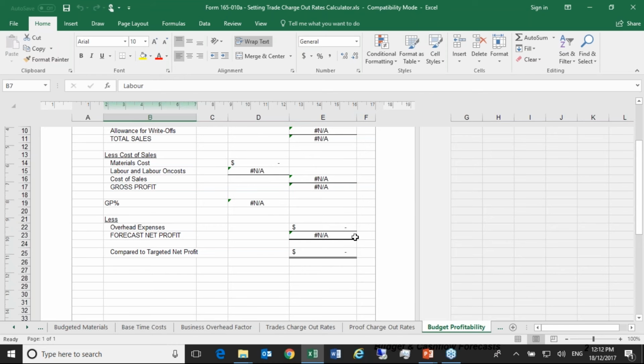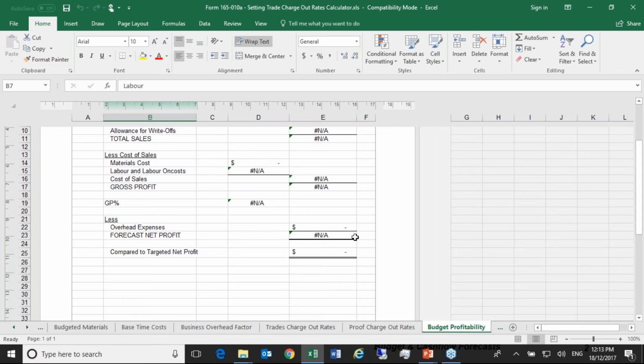If they're budgeting that a tradesperson is going to achieve a 75% charge out rate that is stickable to a job, then they must ensure that each week and month these figures have been analysed to ensure that that's been achieved.